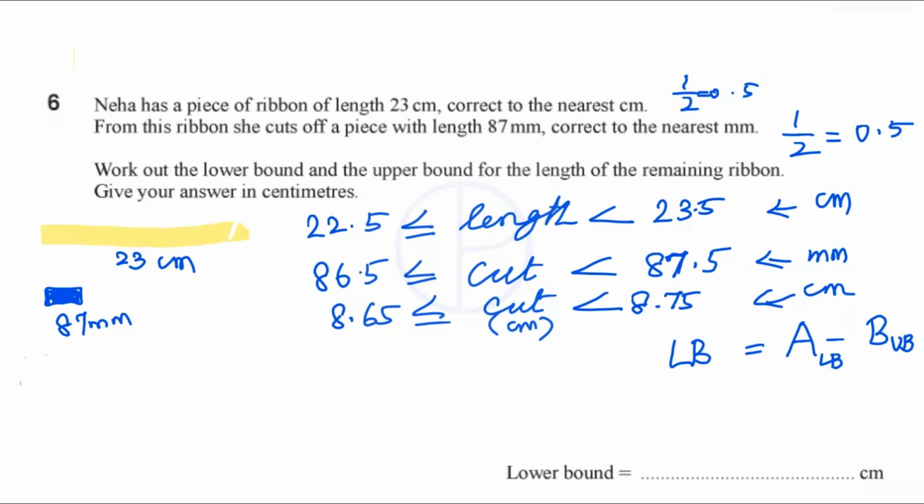So we'll get a lower bound value as the result. Suppose you want to get the upper bound, for A we need to take an upper bound value, and for B we need to take a lower bound value. So this you have to remember.